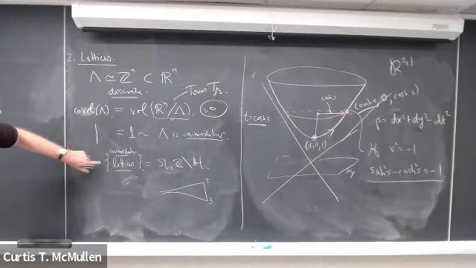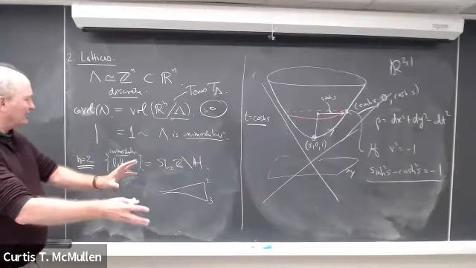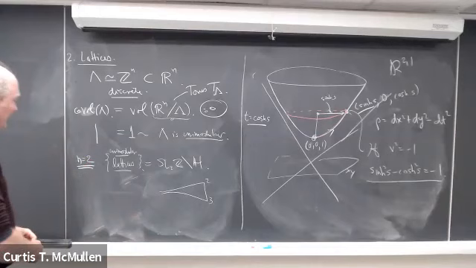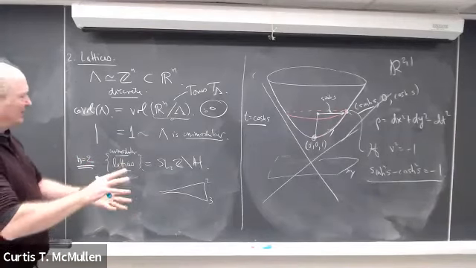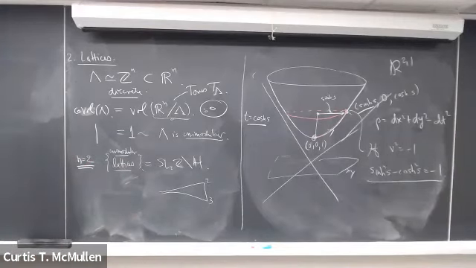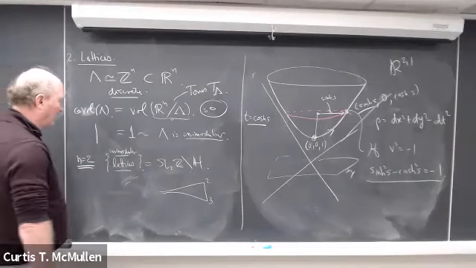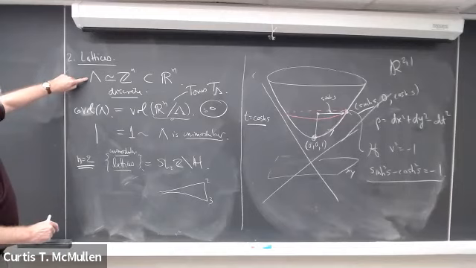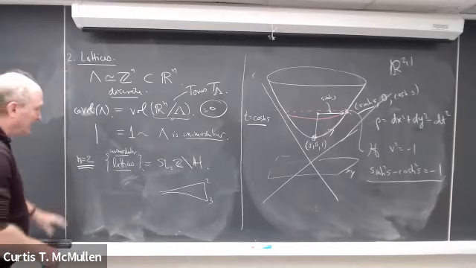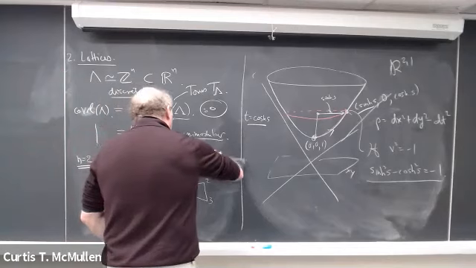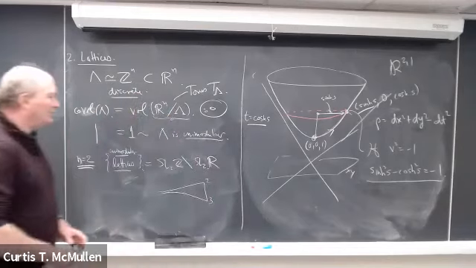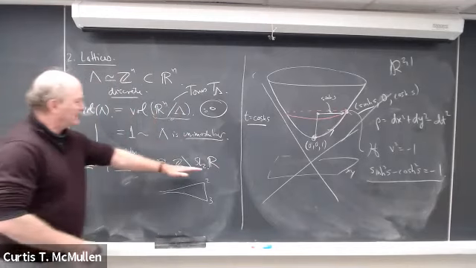Now, I should say that here, we're identifying two lattices if they differ by rotation, that is, by an orientation preserving automorphism of R^2. And if we wanted to take the raw lattice itself, not the lattice up to rotation, then what we would put here is SL2Z backslash SL2R.